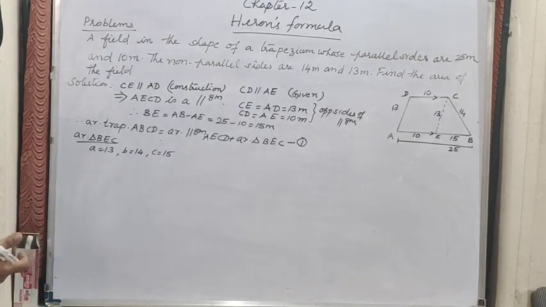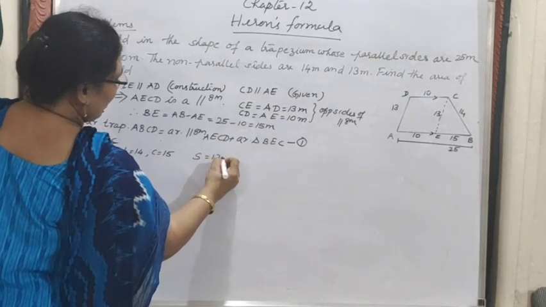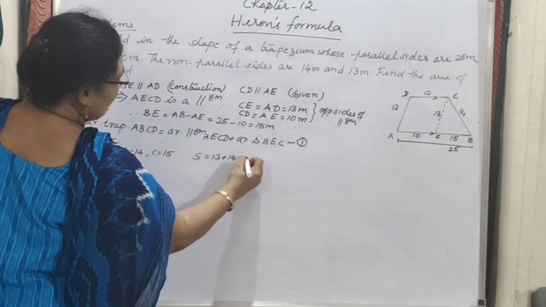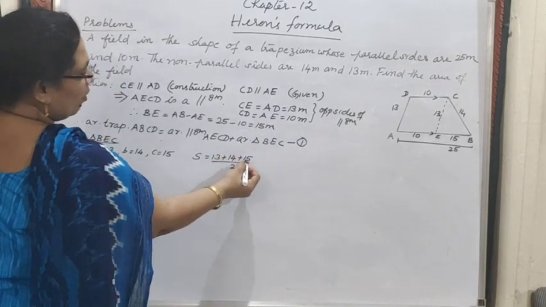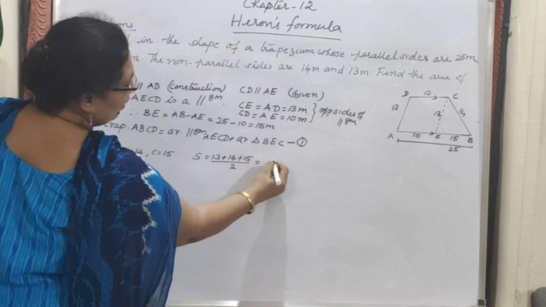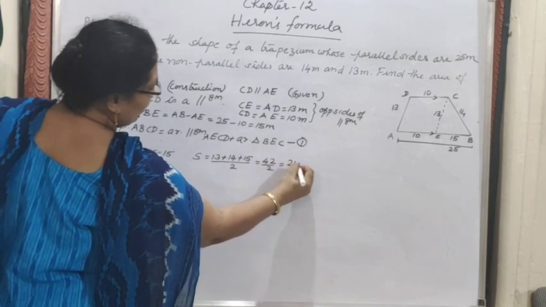So which formula? Three sides are given. We have to use Heron's formula. So s to be calculated: 13 plus 14 plus 15 divided by 2. What is the sum here? 5 plus 4, 9 plus 3, 12, carry 1. So 4, 42 by 2, it is equal to 21 meters.